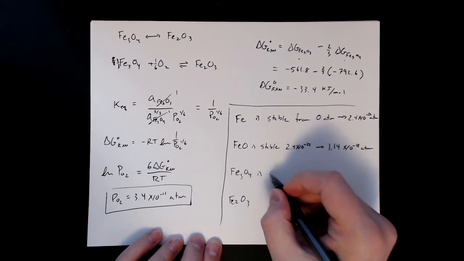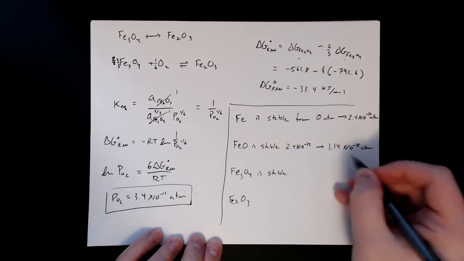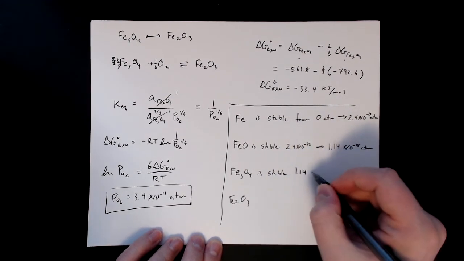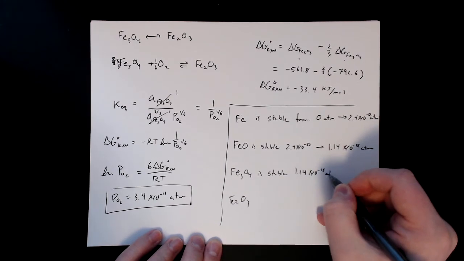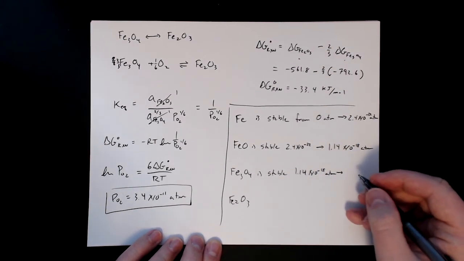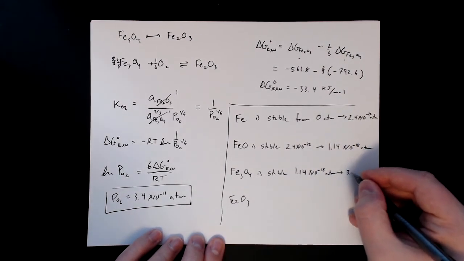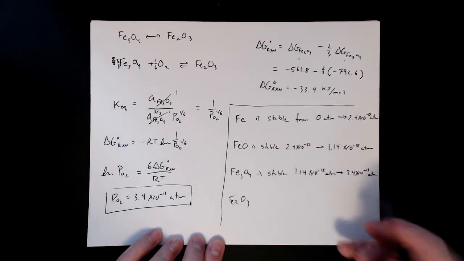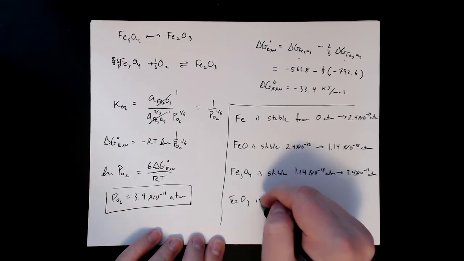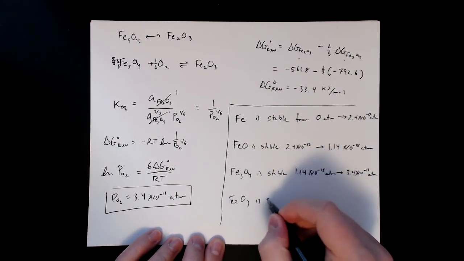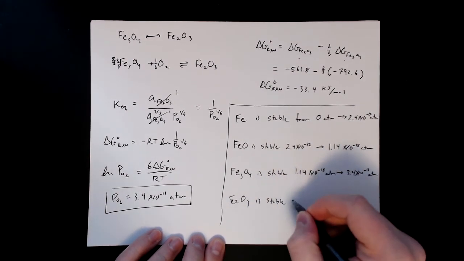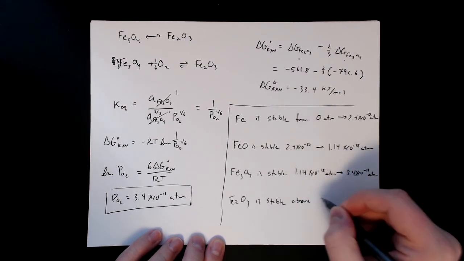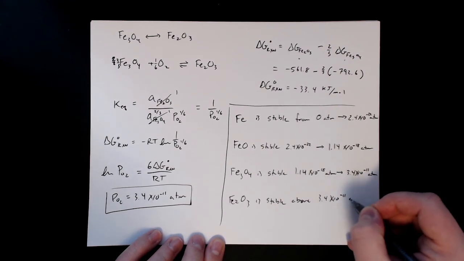And then Fe3O4 is stable from that number up to the next one, which was 3.4 times 10 to the minus 11 atmospheres, the last one. And Fe2O3 is stable above or equal to 3.4 times 10 to the minus 11 atmospheres.